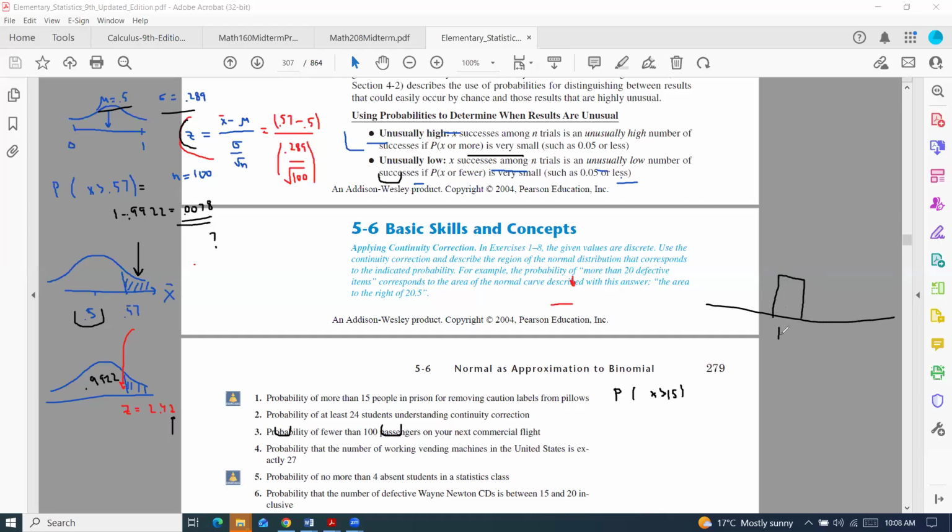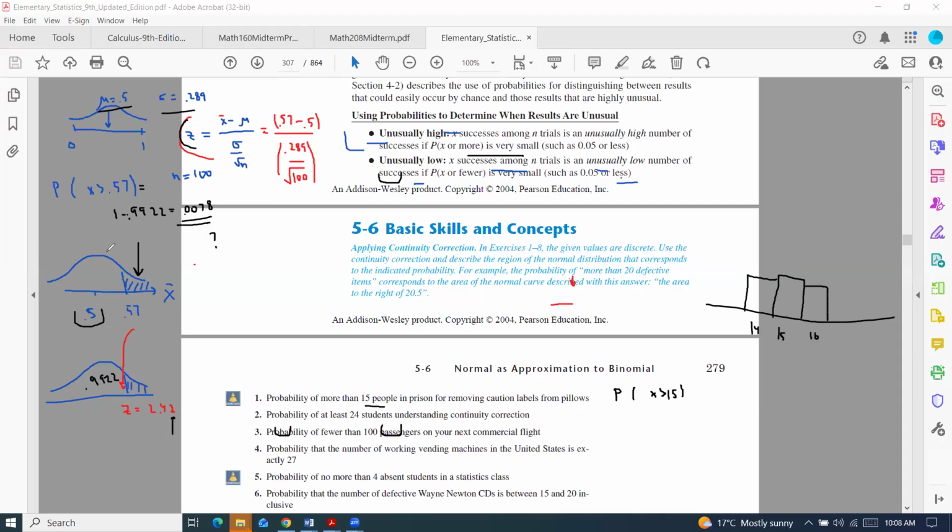Remember, binomial distribution deals only with whole numbers, like 15 people removed labels. Or there could be 16 people that removed labels, or 17, or 14. So we don't have any fractional number of labels removed.